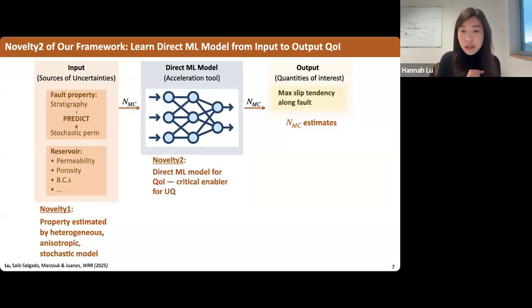So we built a direct machine learning model from the input uncertainties to the output quantities of interest. And once built, the model can predict in no time from the input to the output. And this becomes a critical enabler for uncertainty quantification in Monte Carlo for loops.